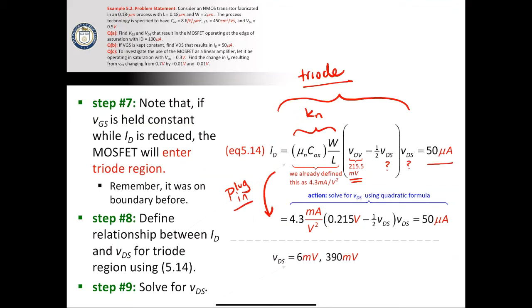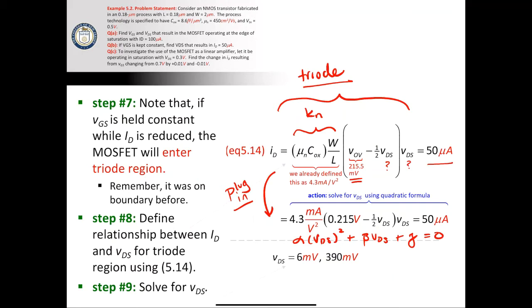It may be difficult to see, but this is going to end up as a second order polynomial with the variable being VDS. So it'll look like alpha VDS squared plus beta VDS plus some constant equals 0. Second order polynomial means that we can use the quadratic equation to solve.